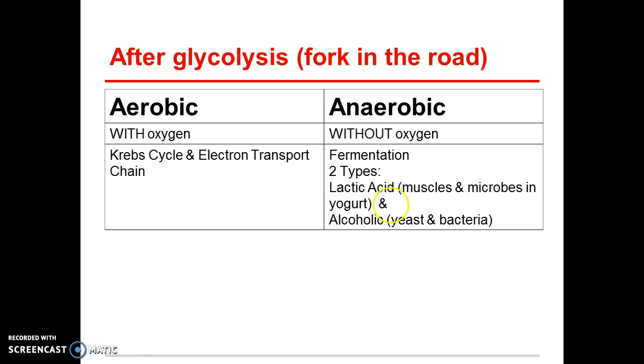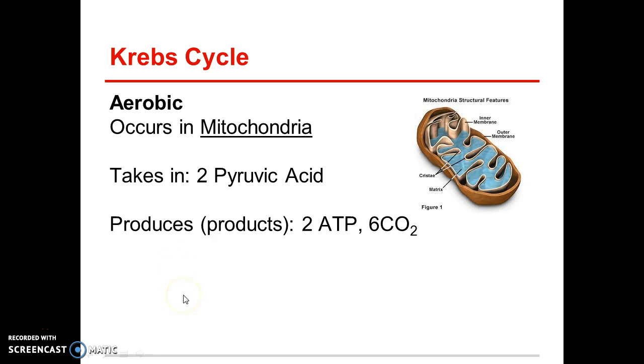So that's without oxygen. Our bodies do make a little bit of it, but we're going to talk more about aerobic. This is with oxygen because we know oxygen is an ingredient in cellular respiration. So it will continue on from glycolysis and head on through the Krebs cycle and electron transport chain. The Krebs cycle happens in the mitochondria. So if you recall, glycolysis, that word you learned in the earlier slide, happens in the cytoplasm.